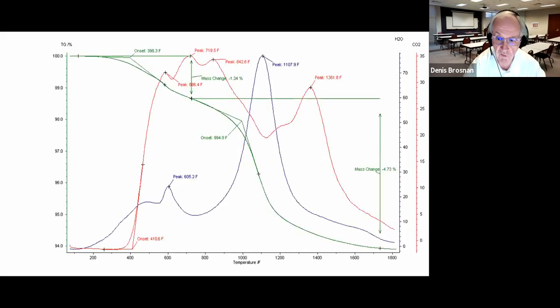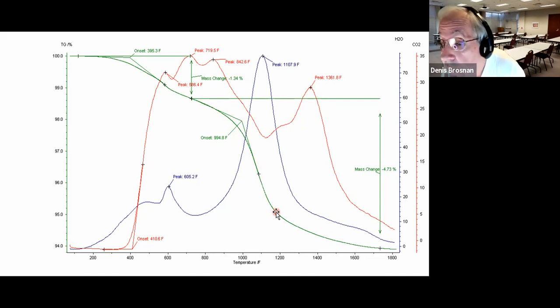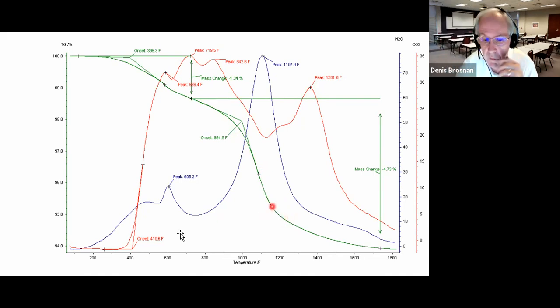So here's one of these STA curves of a body that's pretty complex. Here's the TG curve, the green curve. The H2O curve is the blue curve, showing us some evolution of water when carbon is oxidized, and of course dehydroxylation of water as the clay is heated.